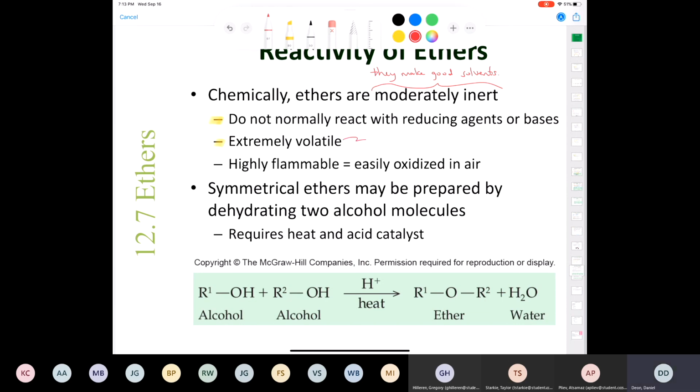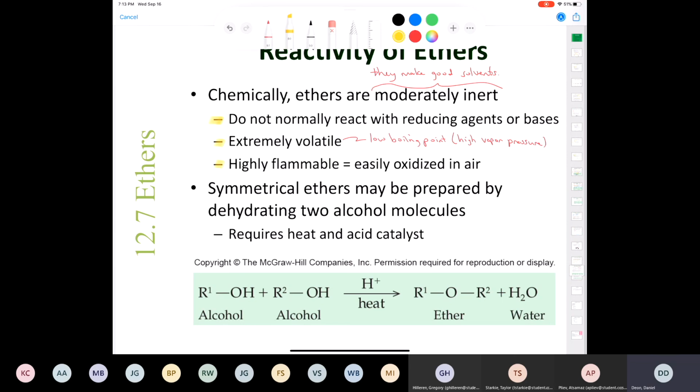No? Volatile means it has a very low boiling point. Okay? Another way to phrase this would be a high vapor pressure. High flammability, so they catch on fire very easily.